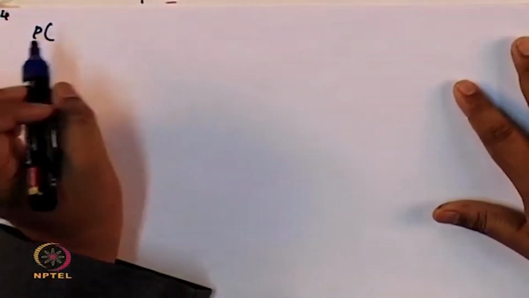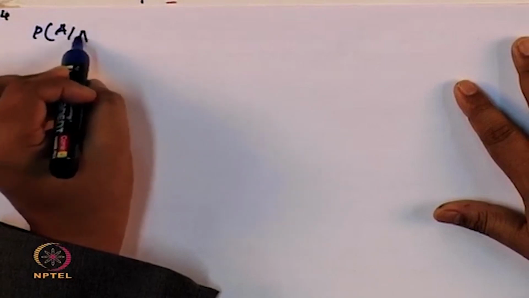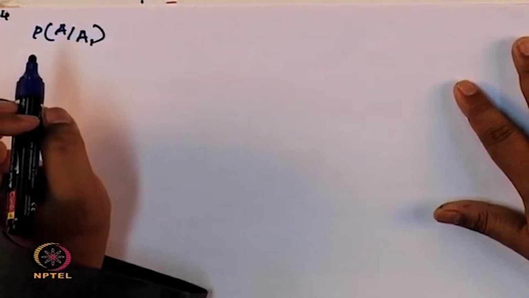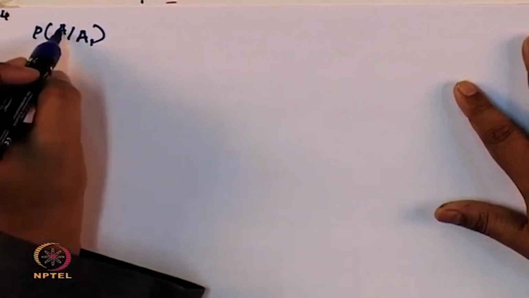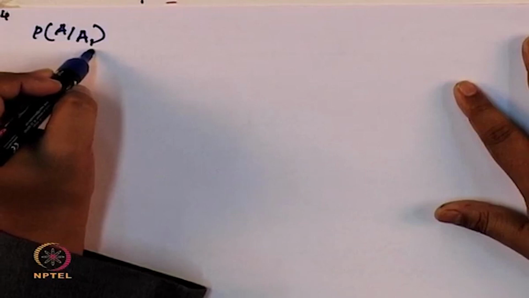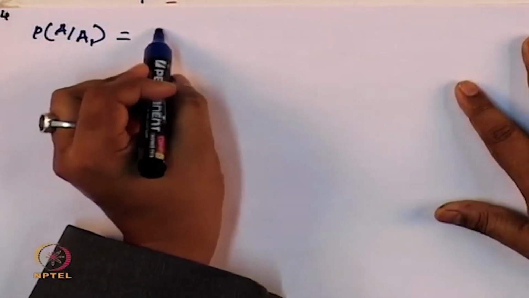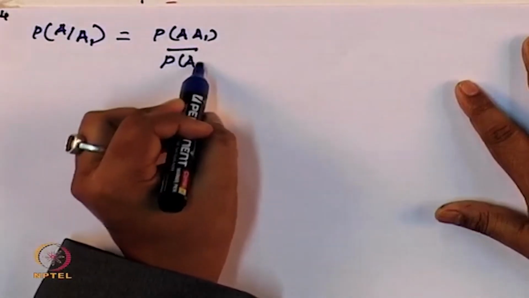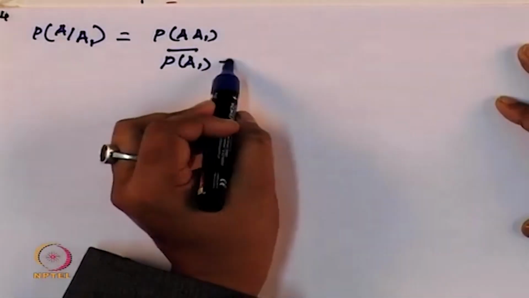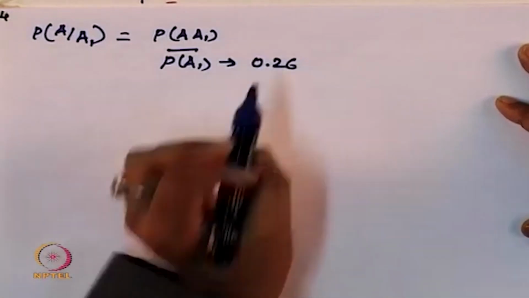Again, for solving this problem, we have to make use of conditional probability. Essentially we have been asked to compute probability of A given A1, that is, the person is accident prone given that he has an accident. I can write it as probability of A and A1 divided by probability of A1. Now, probability of A1 we have calculated as 0.26.